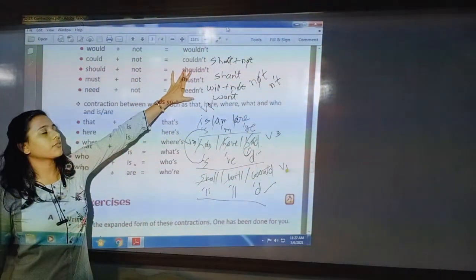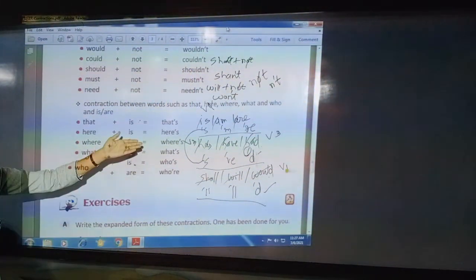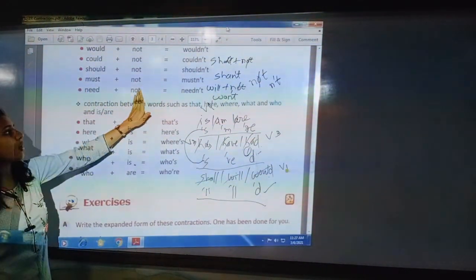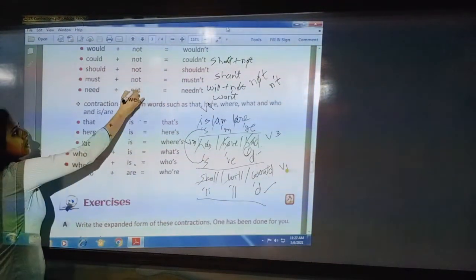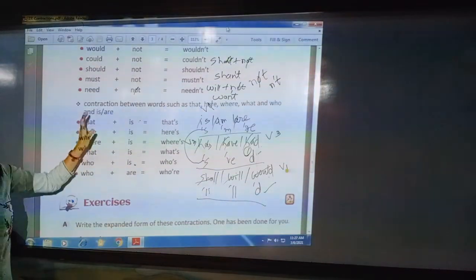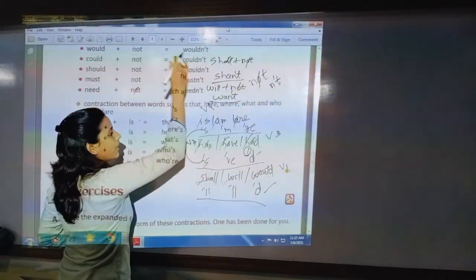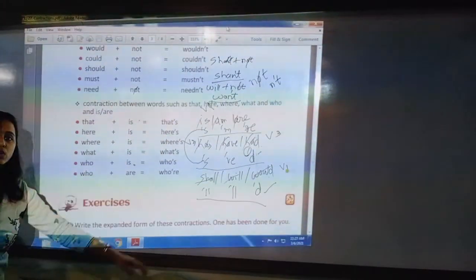So this is the different rule for shall not and will not. Except for this, for all the others, only in not O will be removed. So you have to remember only these two contraction forms. Otherwise you can go with the rules.